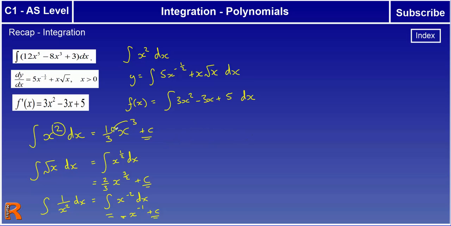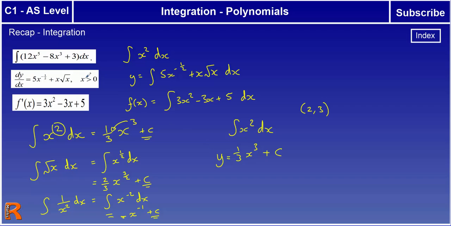Okay, and then the other thing that we need to be aware of is if you have to integrate something and you're told a coordinate, so integrate, say, x² again dx, but we know that our curve's going to pass through 2, 3, for example. Then when we integrate this, we get what we had over here, 1/3 x³ plus a constant. So that's our equation of the curve that gave us this value.